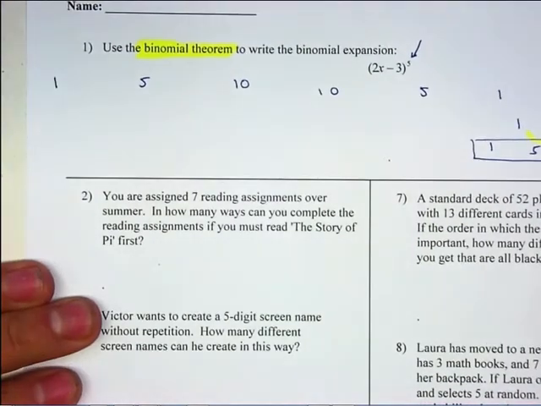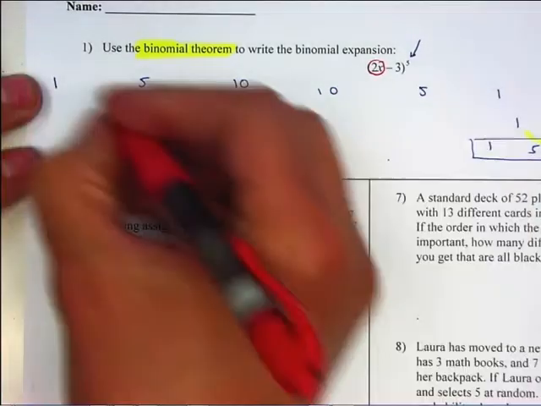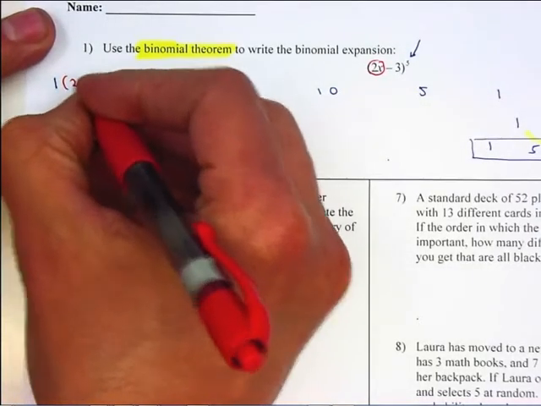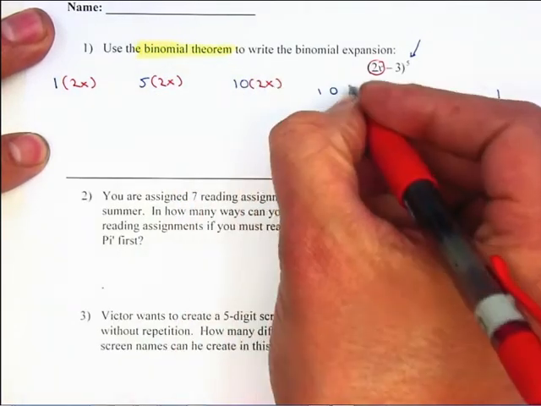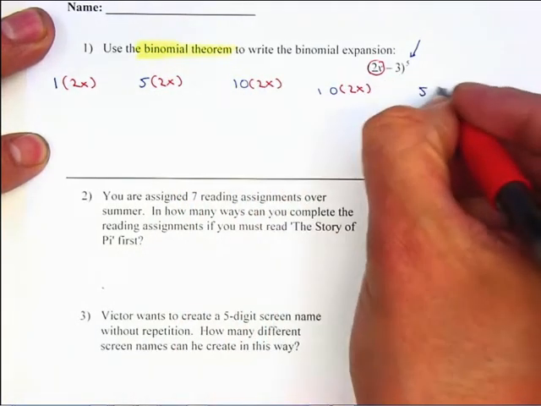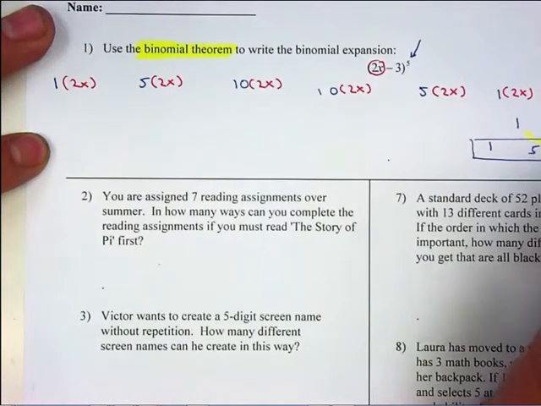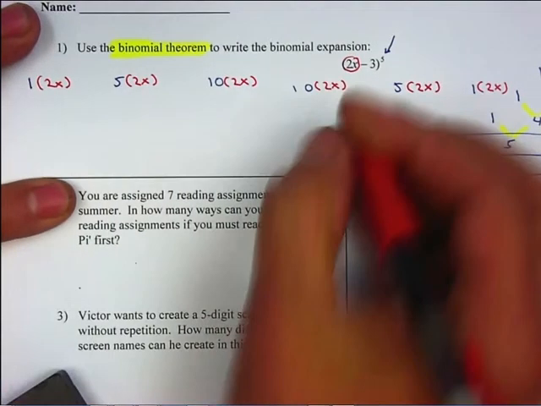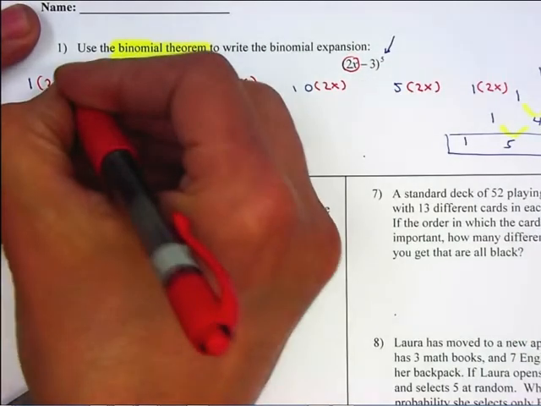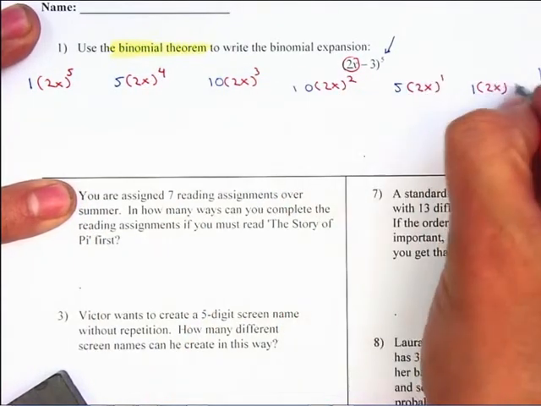Now, letter A will be 2x, 2x, 2x, 2x, 2x, and 2x. The exponents. Remember, we're going to start with the 5 all the way down to 0.